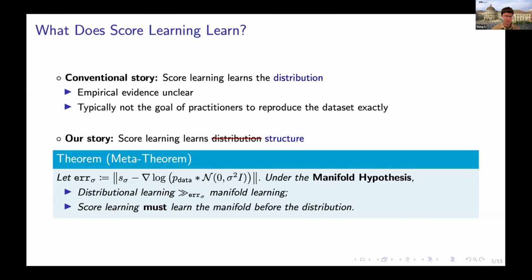First you have to make your generated distribution supported on this manifold, and then you can learn the density on this manifold. We will say that there is a rate separation in how diffusion models can achieve these two tasks. We argue that recovering the manifold is much easier than recovering the distribution, and maybe this will be clear in the next few slides.